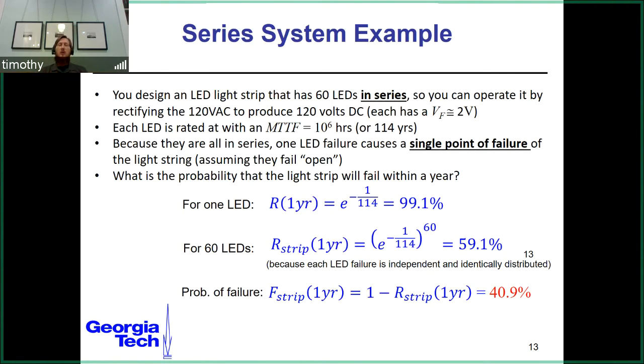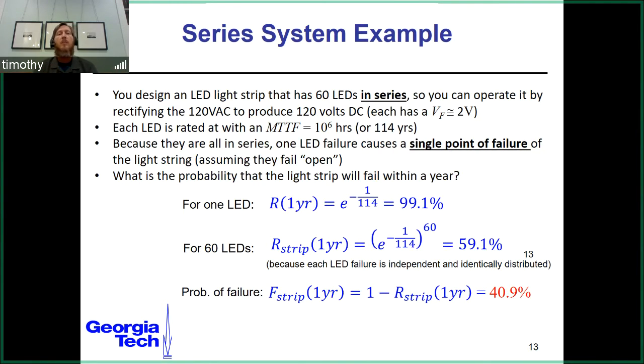For a year, we can take e to the minus 1 divided by 114, because it's 114 years. For a single LED, the R of 1 year is going to be 99.1%. Remember, R is good. R is the probability that the product is surviving, that it's still working. So for a single LED, we have a 99.1% chance that after a year, it's still working.